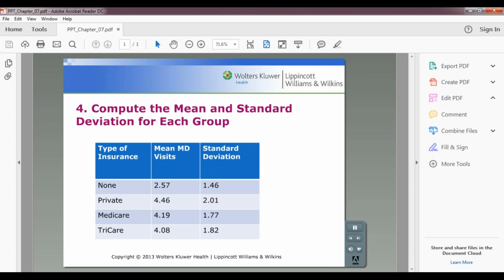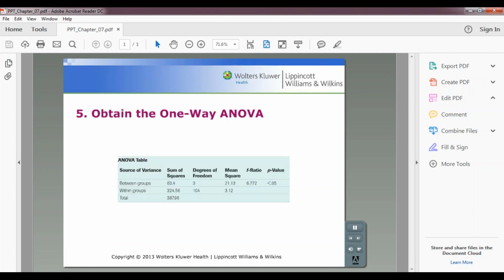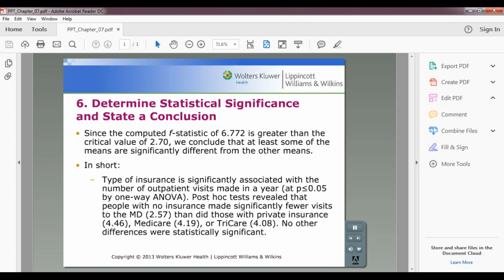So it looks like there's not a lot of difference here based on the type of insurance. So it'll be interesting to see what our data show, and it does show that the results did not happen by chance, therefore there's statistical significance. If you look at your p-value for the between groups, it's less than 0.05. So the write-up might look a little bit like this, and I always like to modify this write-up, but I'll read it here.